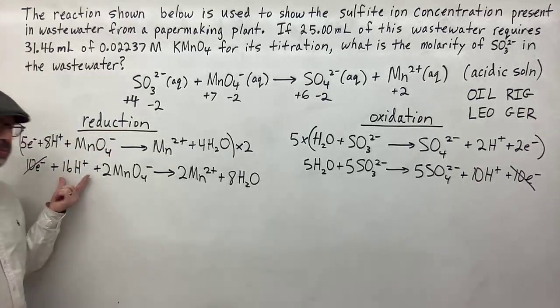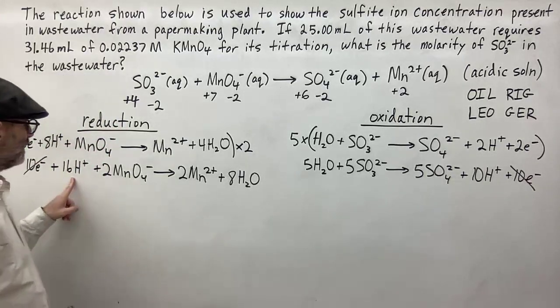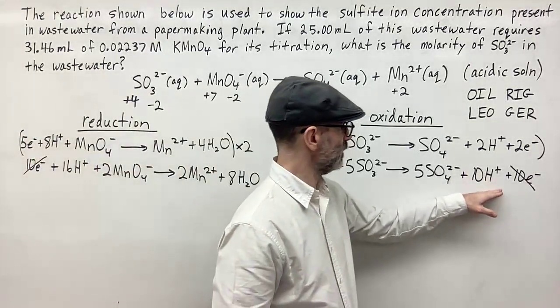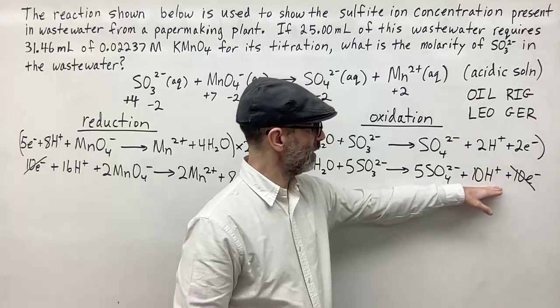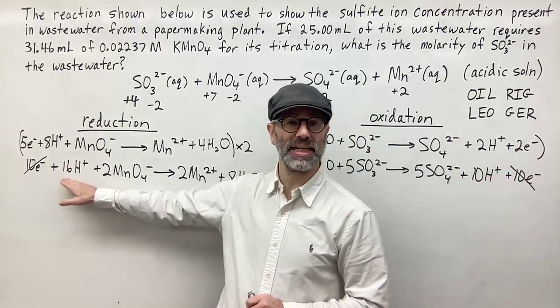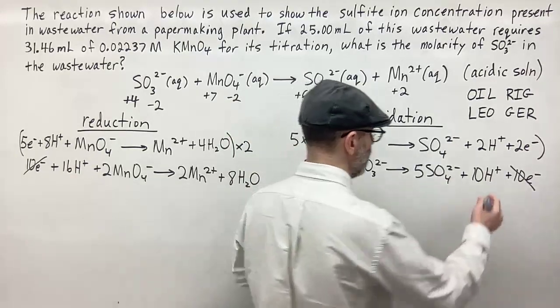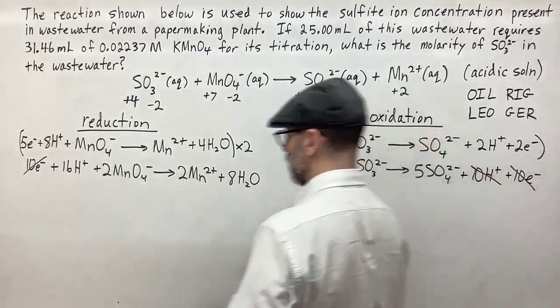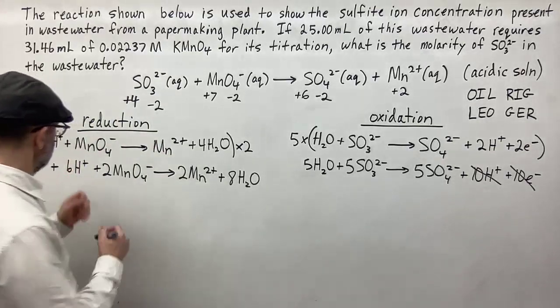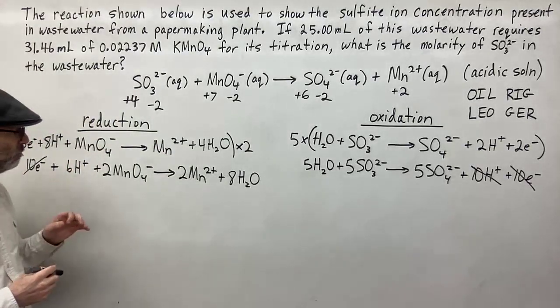What about H plus? I have 16 H plus here, and I have 10 H plus here. So the 10 over here can cancel out with 10 over here, leaving me 6 on this side. So I'm going to cancel those out, and then I'll erase the 1 here. That'll give me 6 H plus left over.